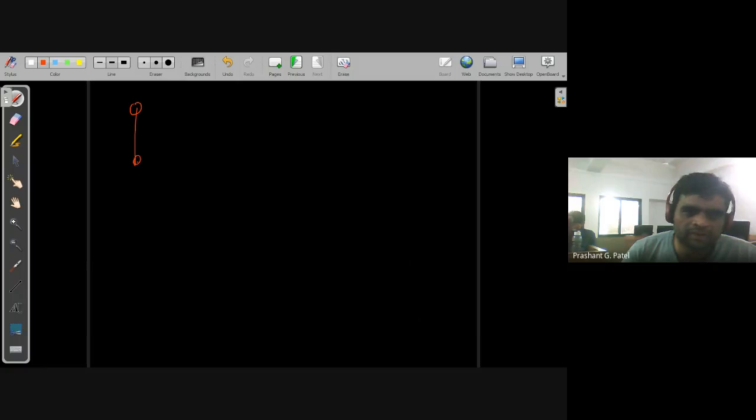For example, this is the graph, and the edges are directed edges.